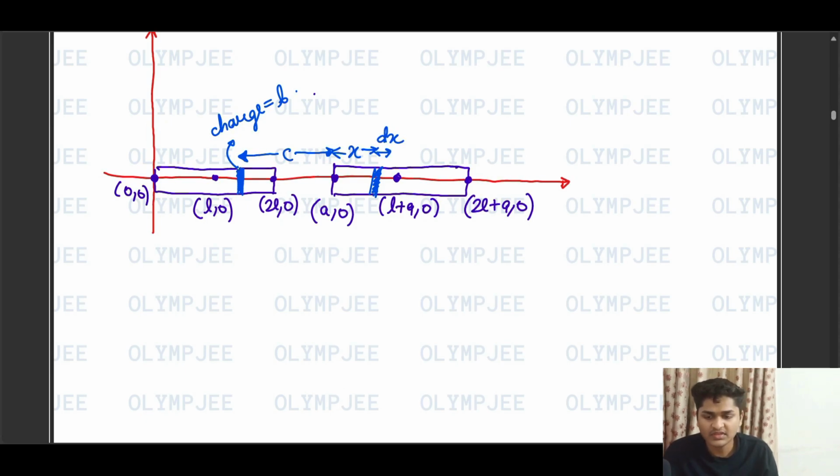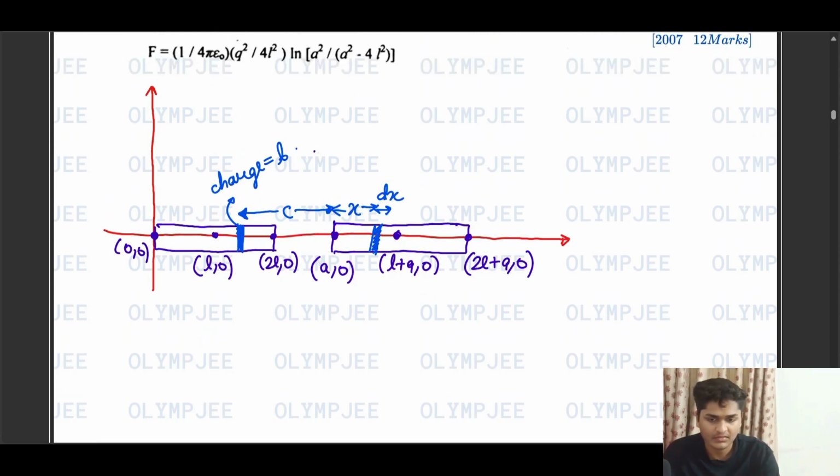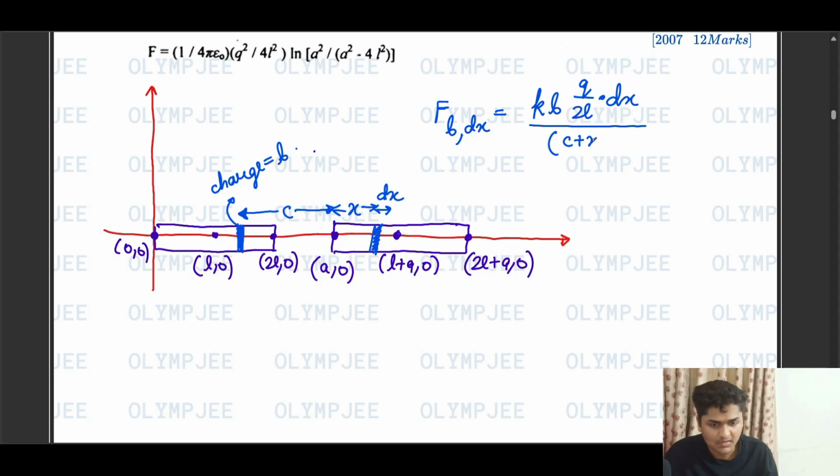So the force due to this thing on this element would be given as F due to B on this dx is given by KB. The charge of this will be given as Q by 2L multiplied by dx divided by (C plus x) square, right?